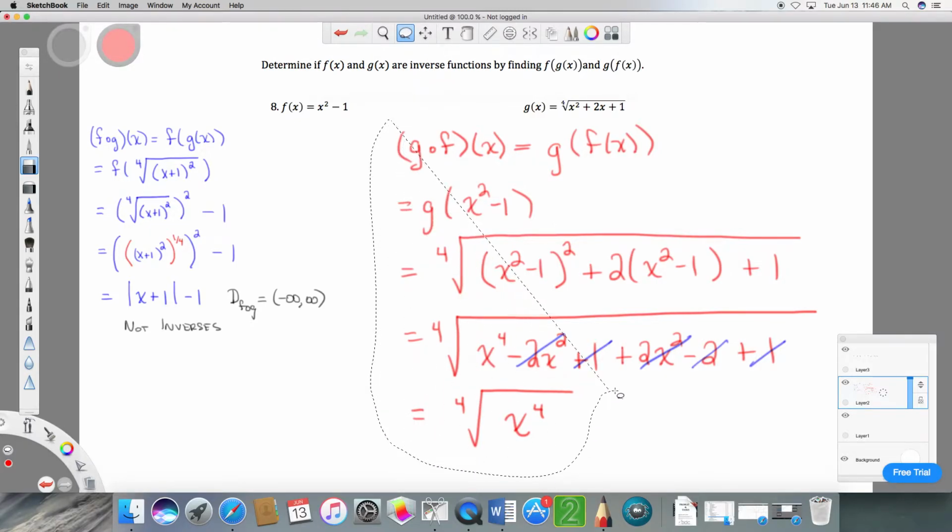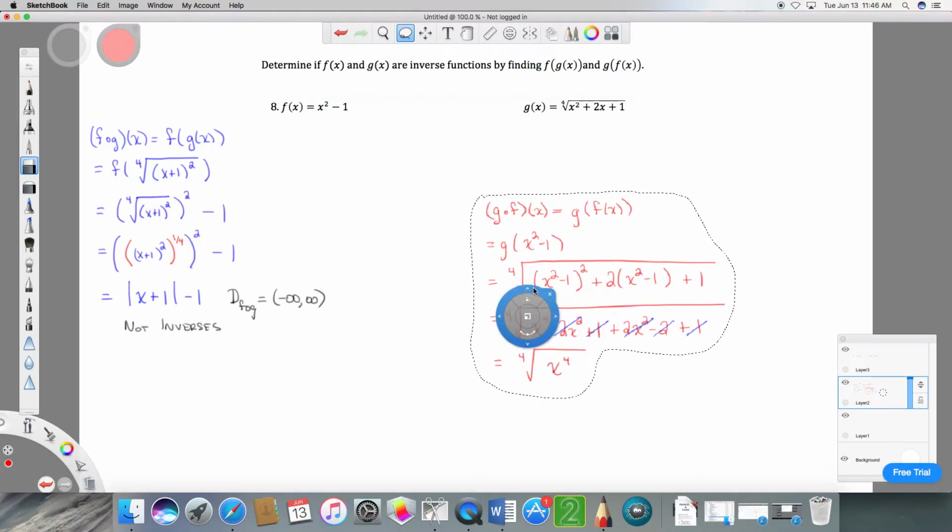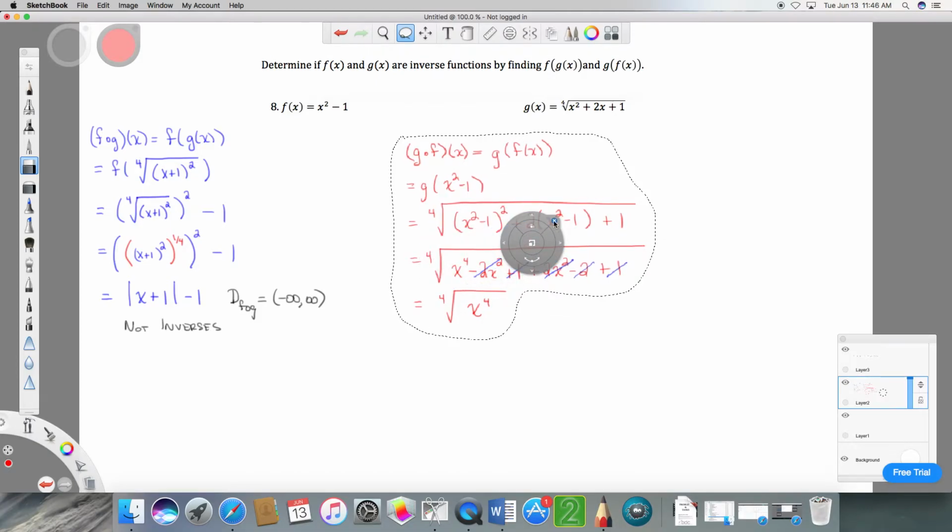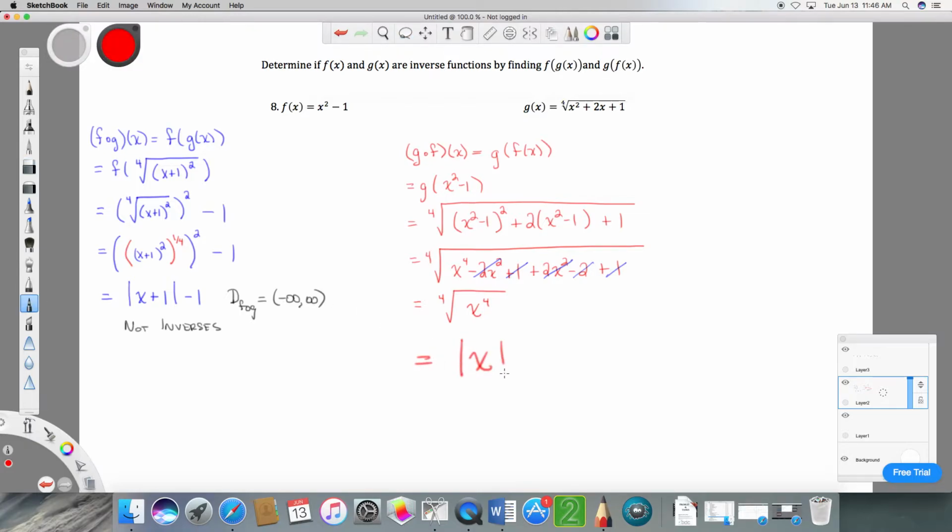Now, when we take an even root of this x to the 4th, we have to make sure that the result is 0 or positive. There's no way you can take the 4th root of a number and get a negative answer.